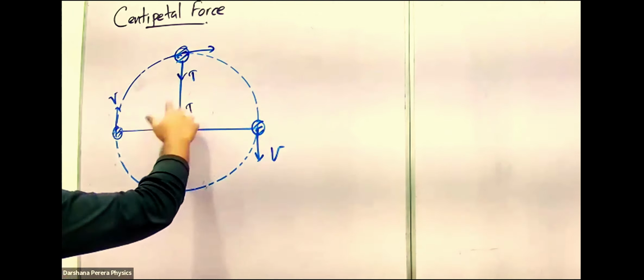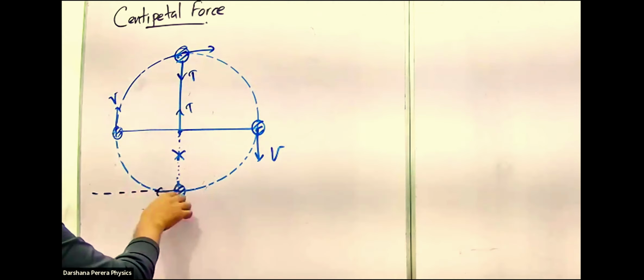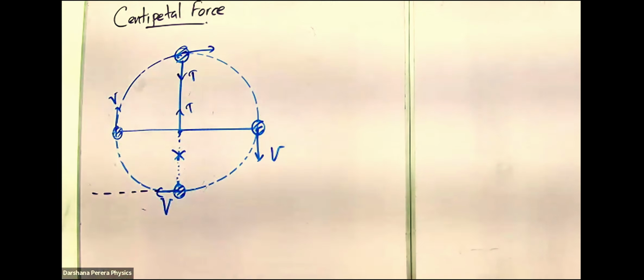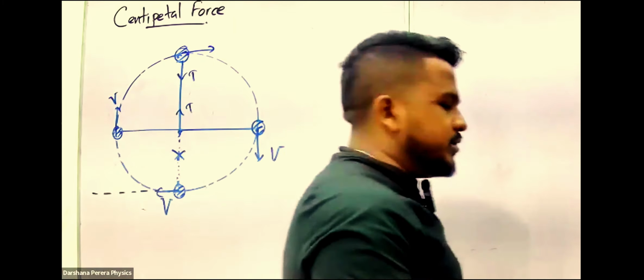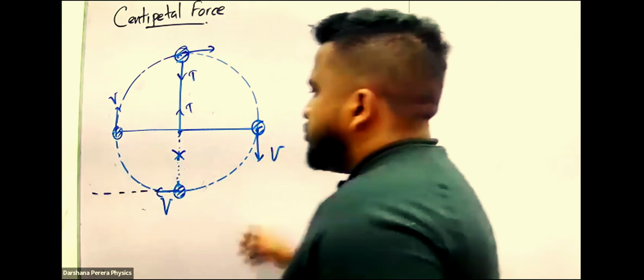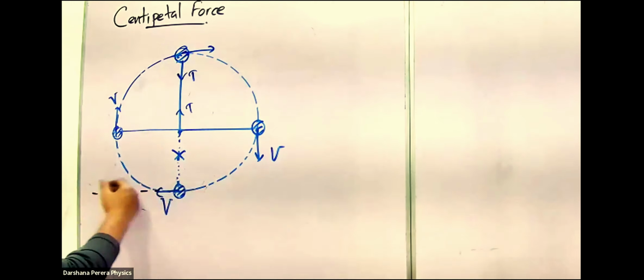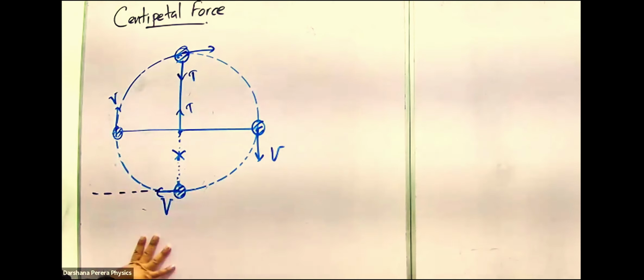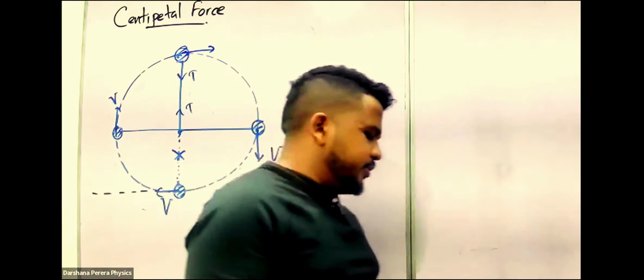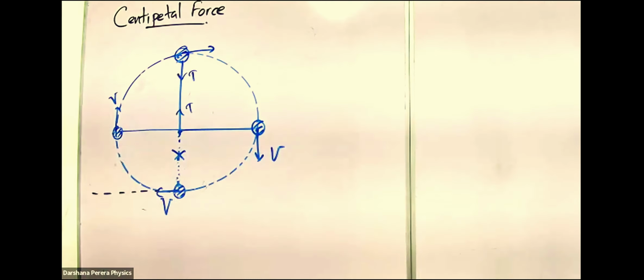When the centripetal force disappears, it moves along the tangential velocity direction, right? It's moving in this direction. Write this down: moving in the tangential velocity direction.